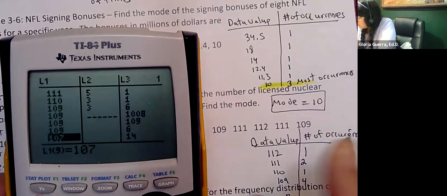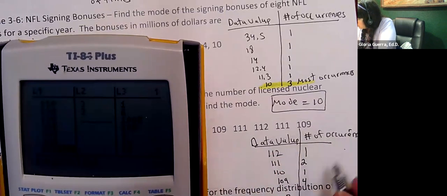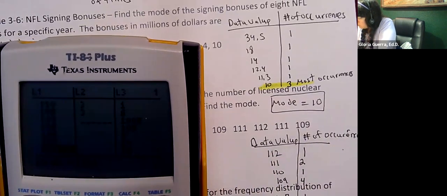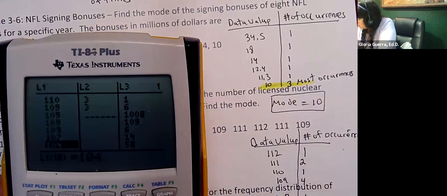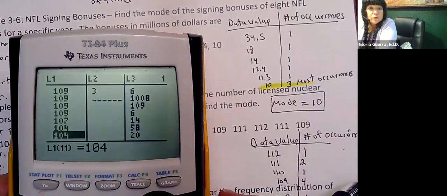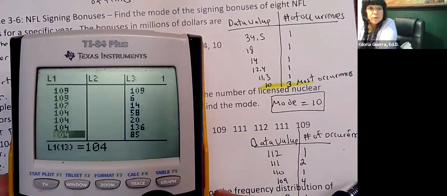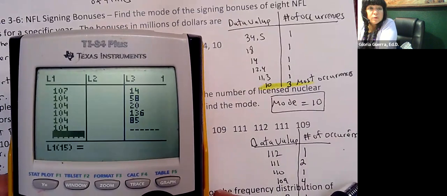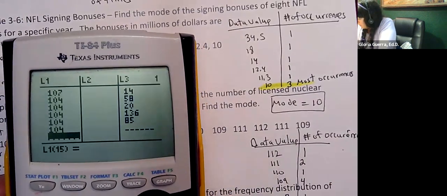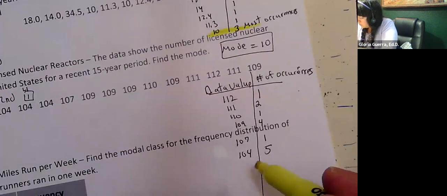And then 107 showed up once. Then you have 104, 1, 2, 3, 4, 5. Okay, so it looks like this one has the most occurrences.